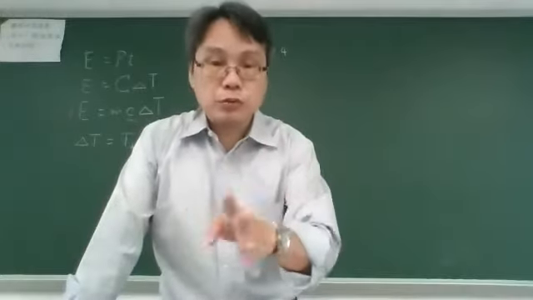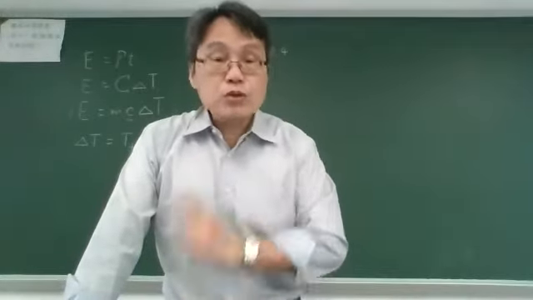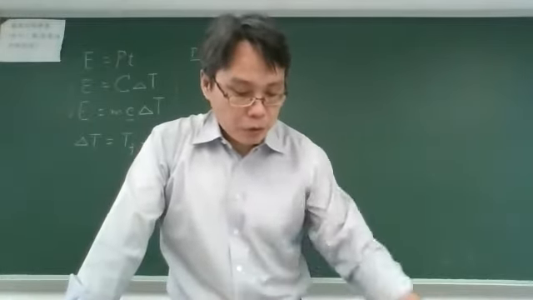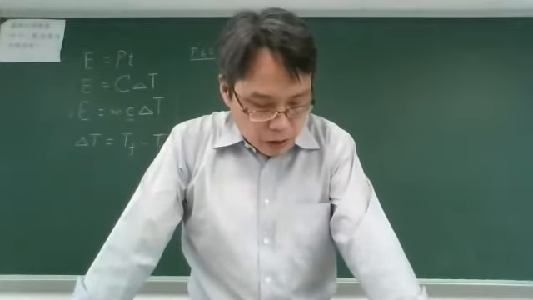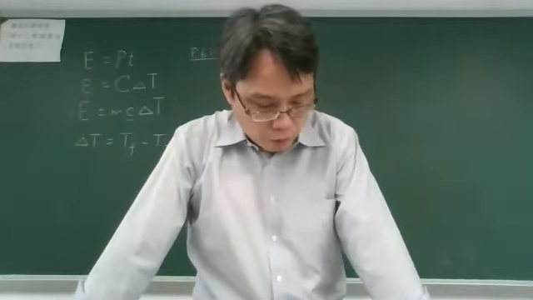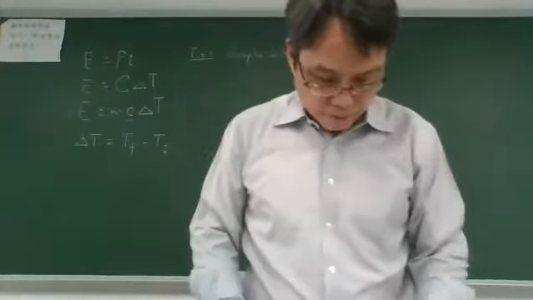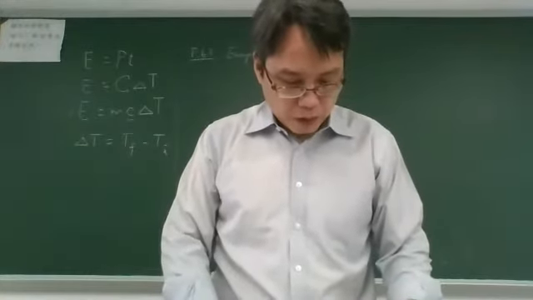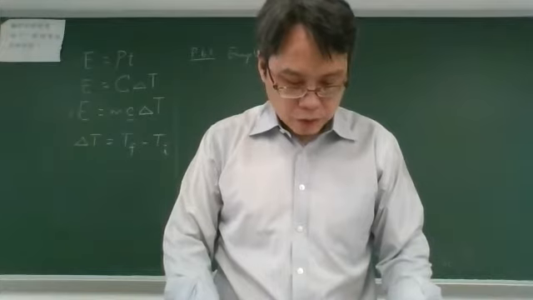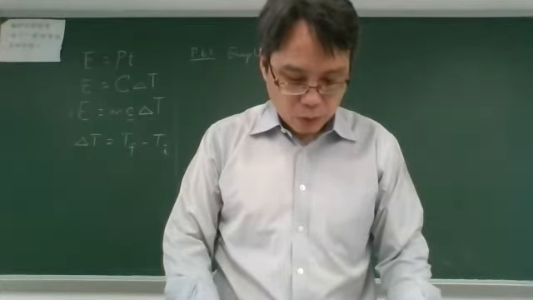Please refer to your textbook. You should buy the textbook and have one on hand. So the example goes: a wok of 850 grams of oil is heated from 25 degrees to 180 degrees Celsius.